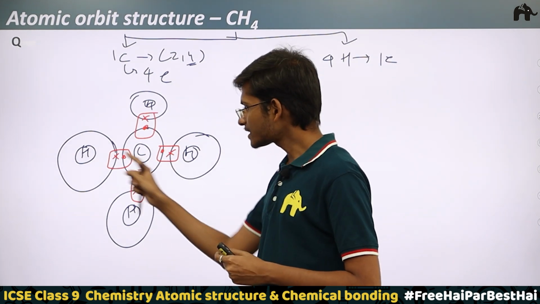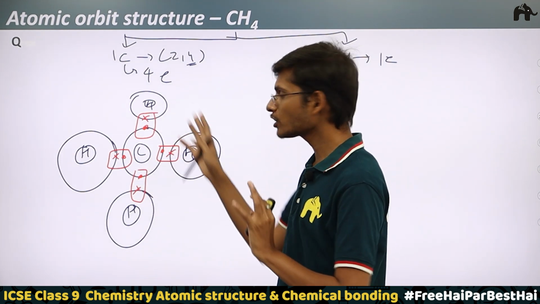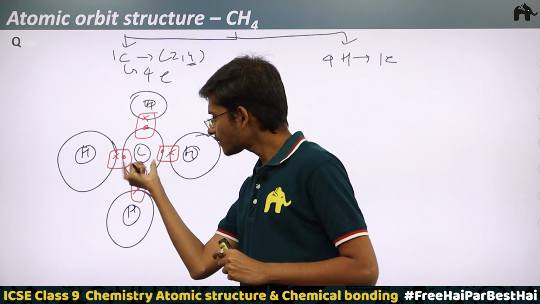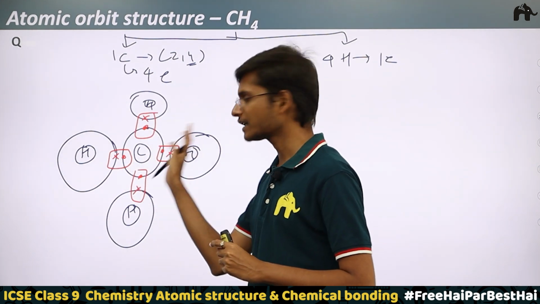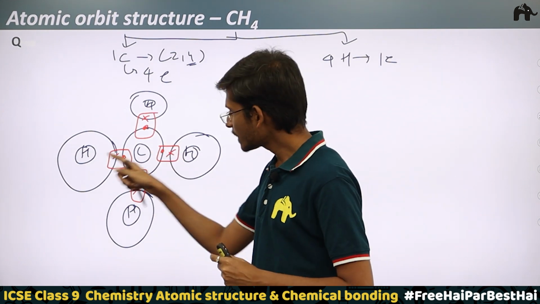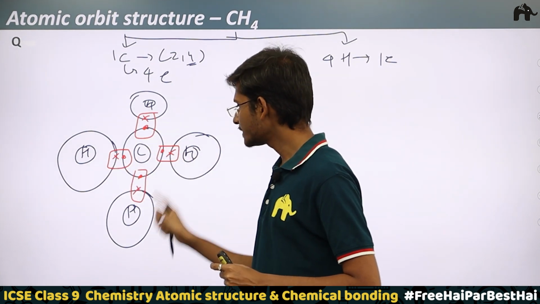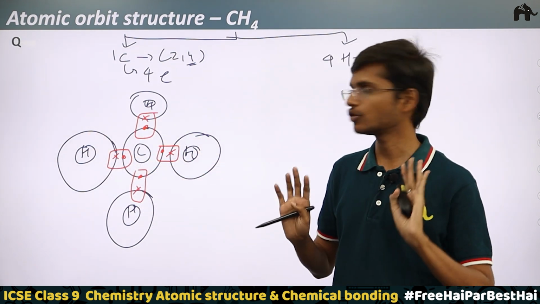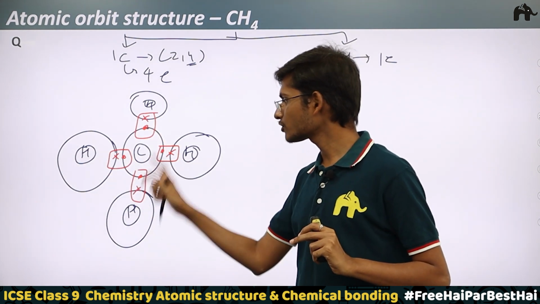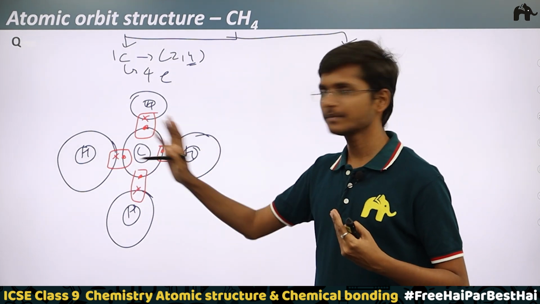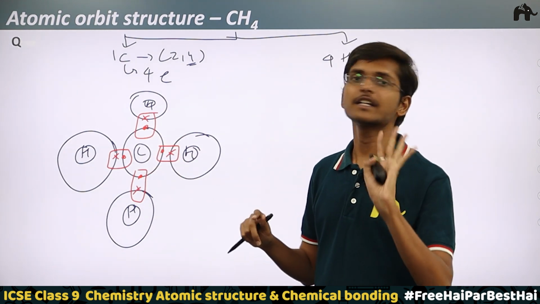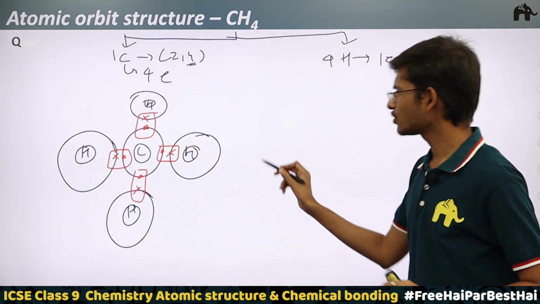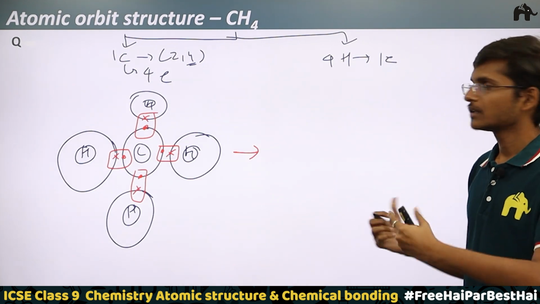The same applies to all the pairs of electrons. After this sharing between these 5 atoms, carbon and 4 hydrogen atoms, each hydrogen atom has 2 electrons in its outermost shell, because the shared electron also gets counted for that hydrogen atom. So each hydrogen atom is happy. And the carbon atom needs 8 electrons in its outermost shell. See, 1 2 3 4 5 6 7 8. It's also happy.